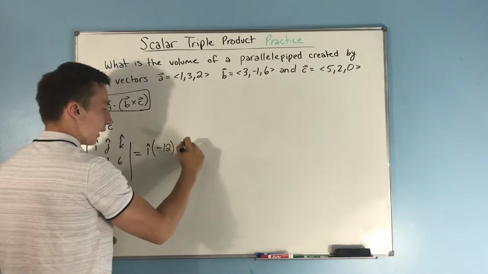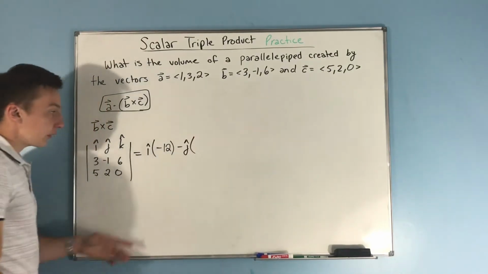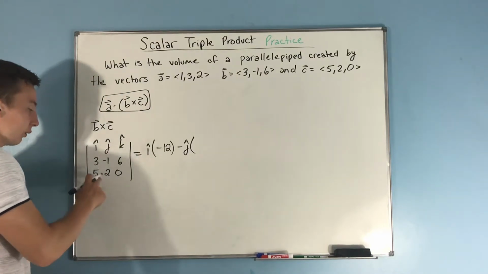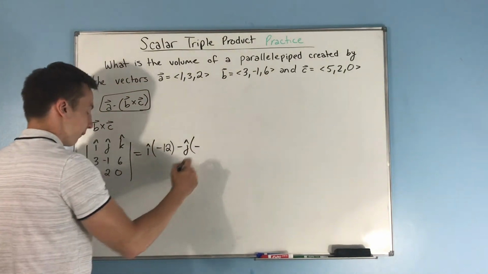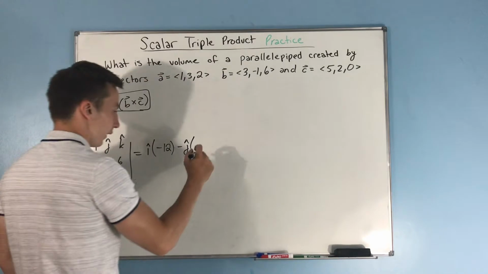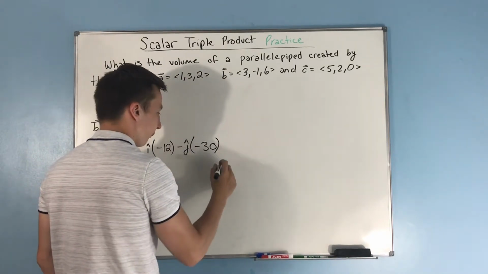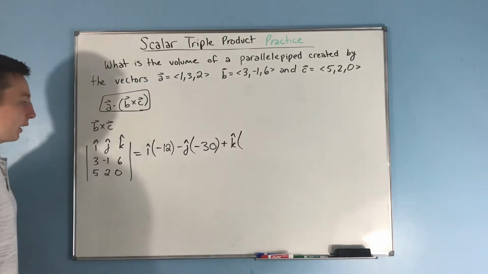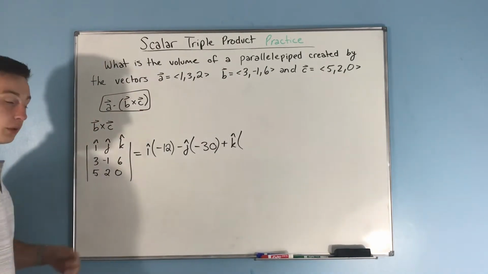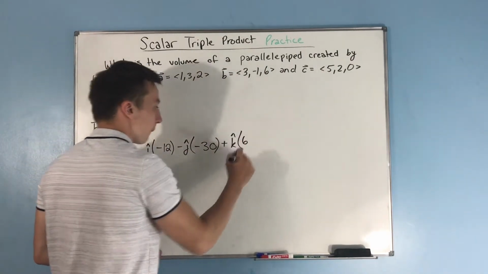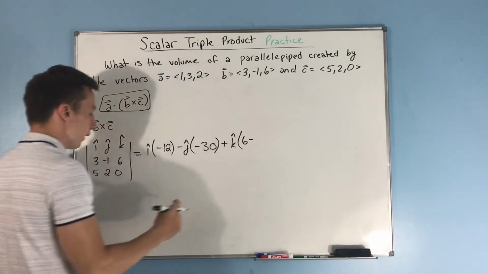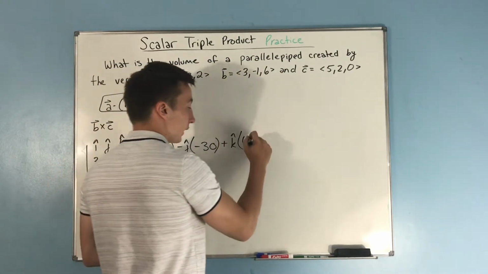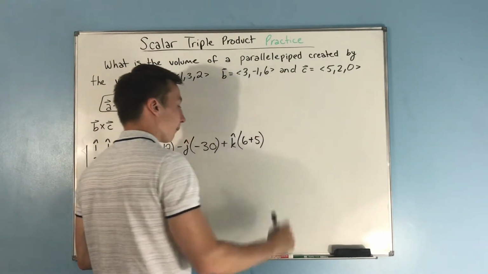Next we have minus j hat. Always remember there's a minus there. We'll have 3 times 0 is 0, minus 5 times 6 is 30. Finally we have plus k hat, and we'll have 3 times 2 is 6, minus 5 times -1 is -5, so this becomes plus 5.